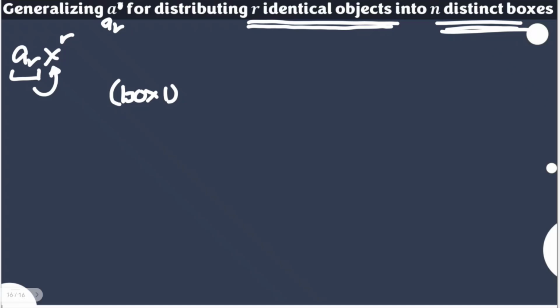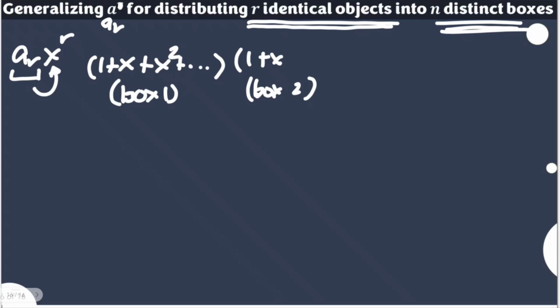What would be the appropriate generating function for box 1, where we are going to place R identical objects? It can be chosen once, it can be chosen twice, and so on and so forth.